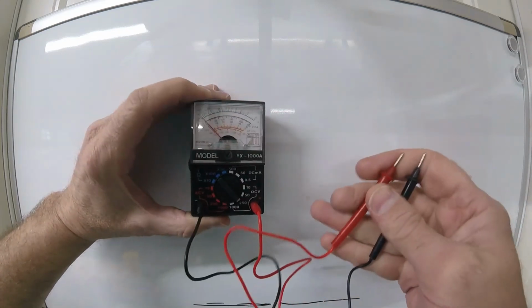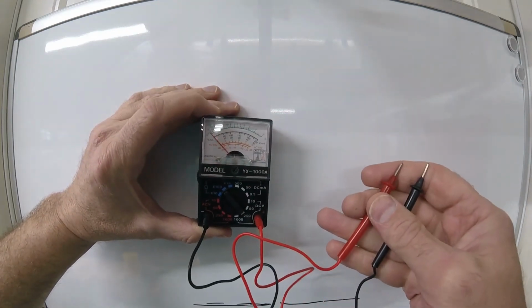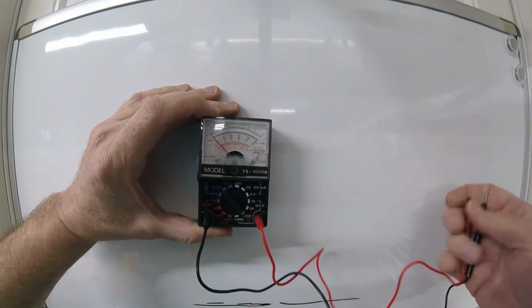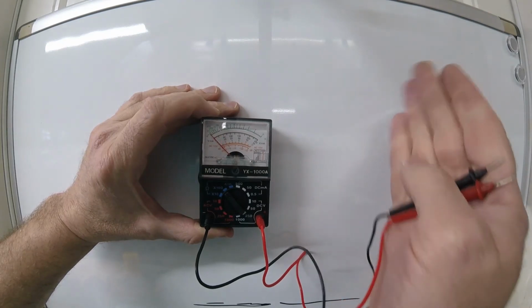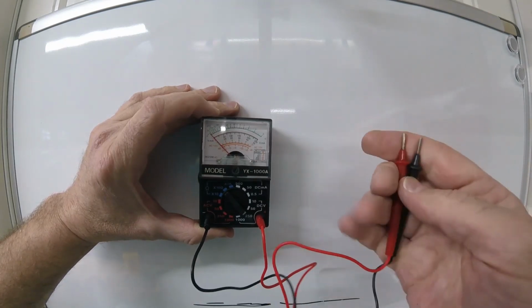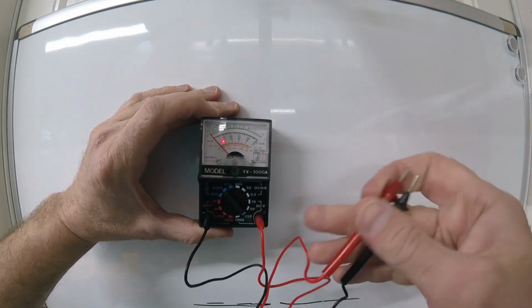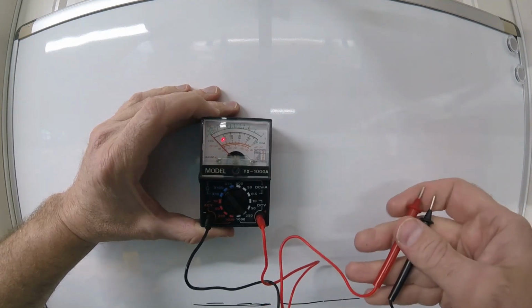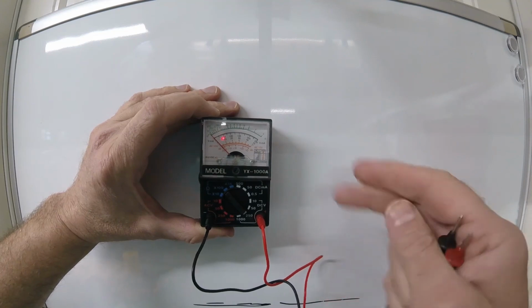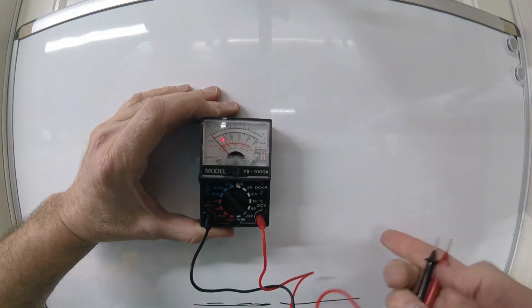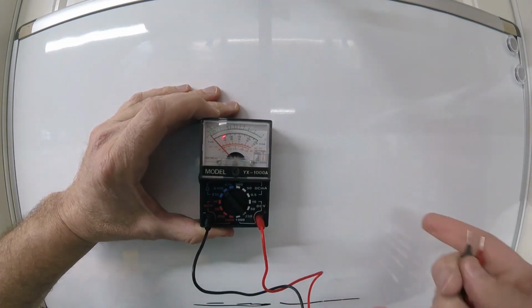So this meter is actually more useful for looking at voltages like that, because you can see the needle deflect, and I'll show you that later on in another lesson when we talk about turn signal flashers or something like that that's momentary. And you can see that movement, and you know that the circuit's working.